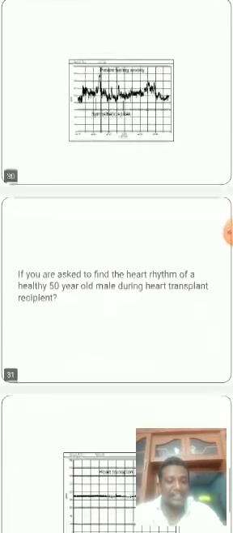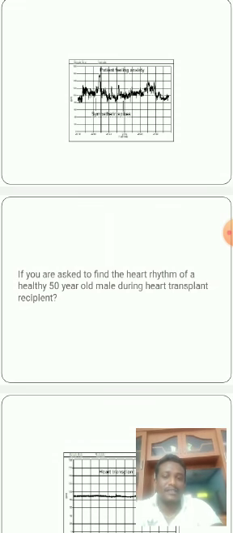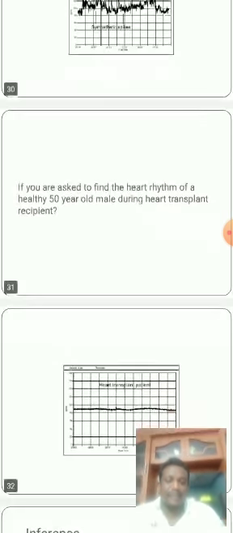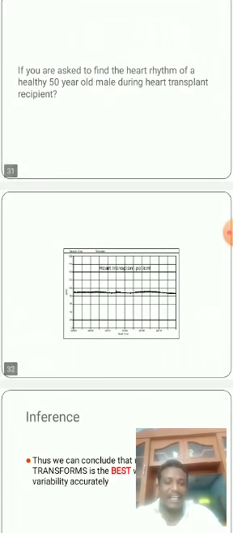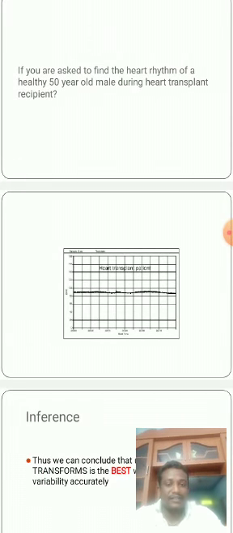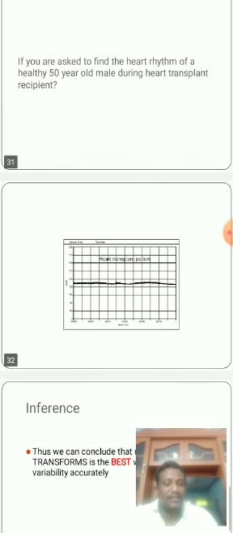Now another question: if you are asked to find the heart rhythm of a healthy 50-year-old male heart transplant recipient, the answer is given in the graph. If there is no heart rate in the graph, then the heart is not functioning.